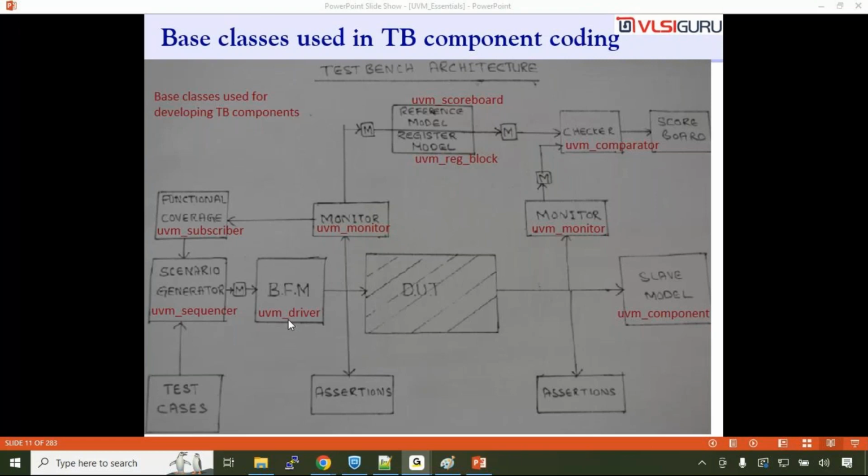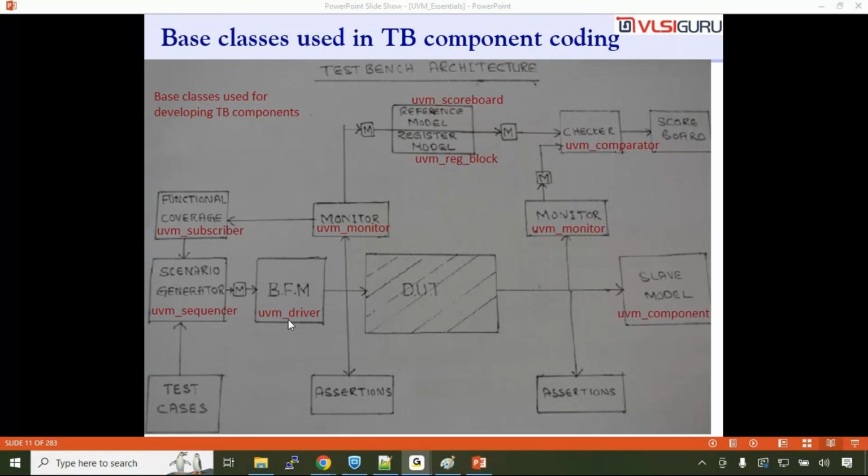It's a class which is provided, already implemented, in the UVM language. You use it as a base class: class APB driver extends uvm_driver. Whatever functionality is present in uvm_driver becomes part of APB driver. So using inheritance, you create whatever you want.